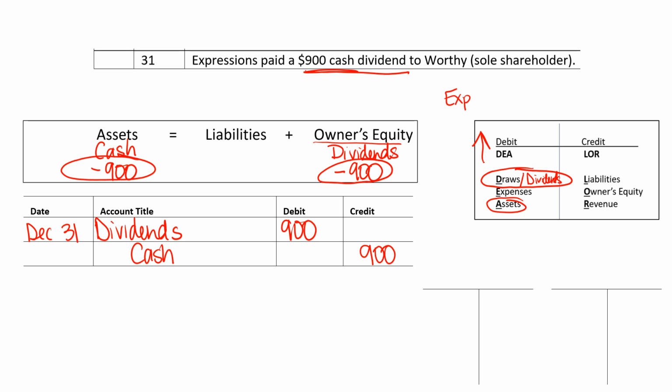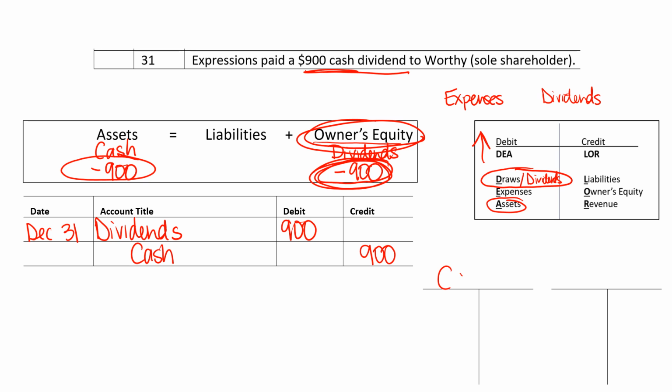So when expenses are recorded, when dividends are recorded, they decrease owner's equity. So you debit an expense, you debit a dividend to record them, but overall the effect is that they are decreasing owner's equity as a whole.